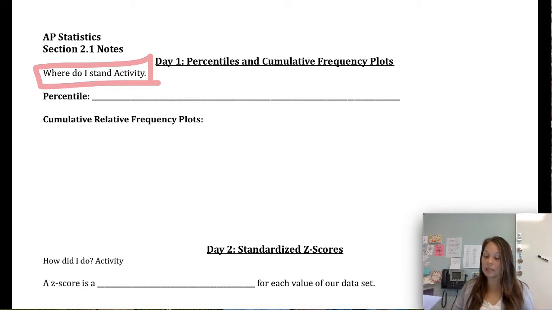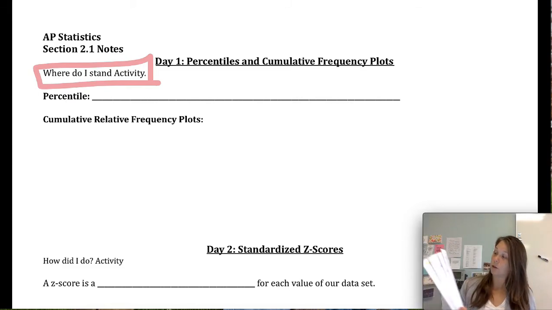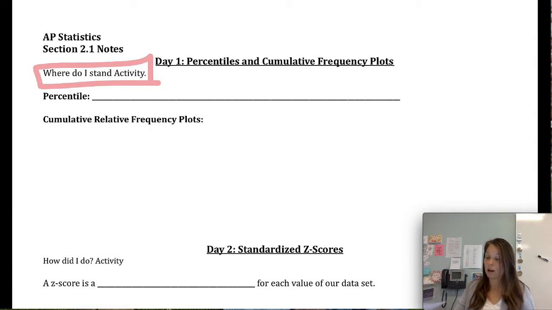I think the where do I stand activity is pretty important because it explicitly walks you through how we calculate cumulative frequency and starts the conversation around percentiles. So I at least recommend looking at the key if you don't do the actual activity itself. There's nothing on the activity that you would need to gather data from, like we would be doing in class. So just a little bit on that.